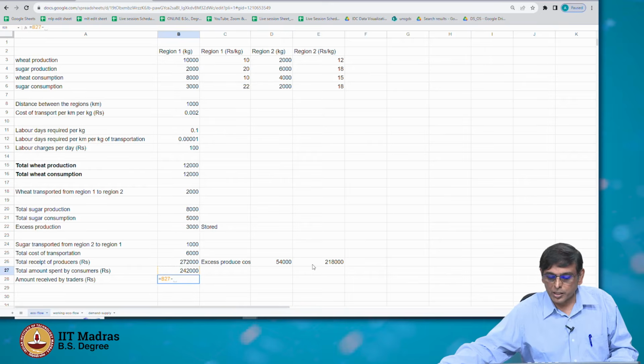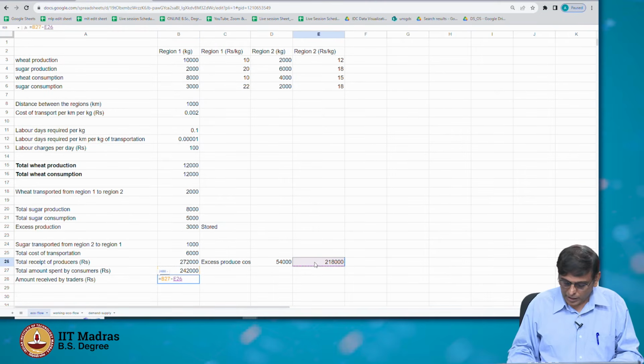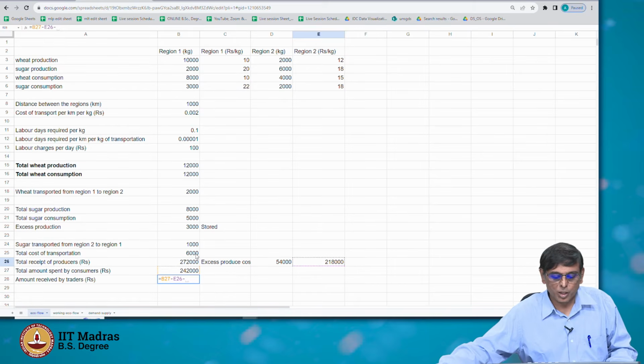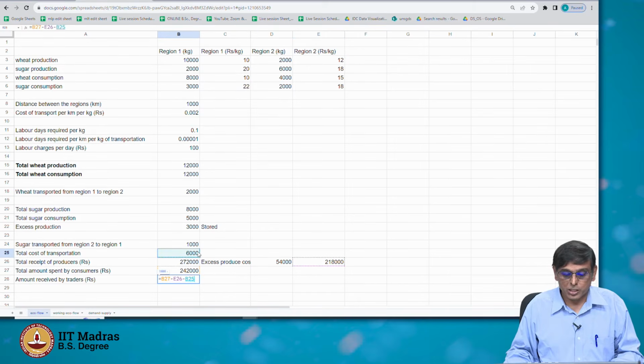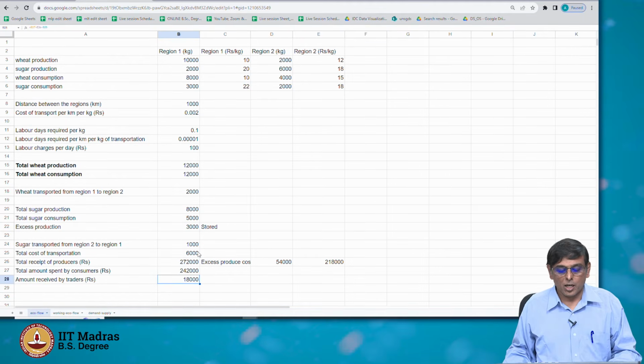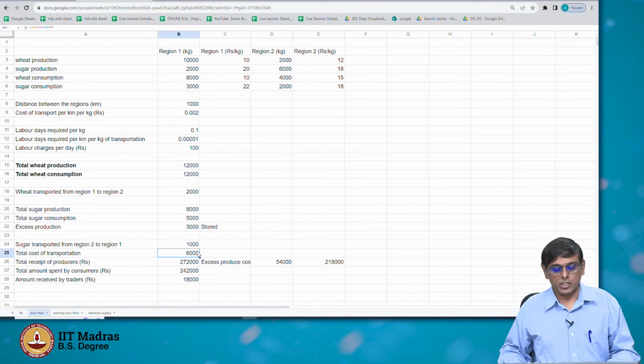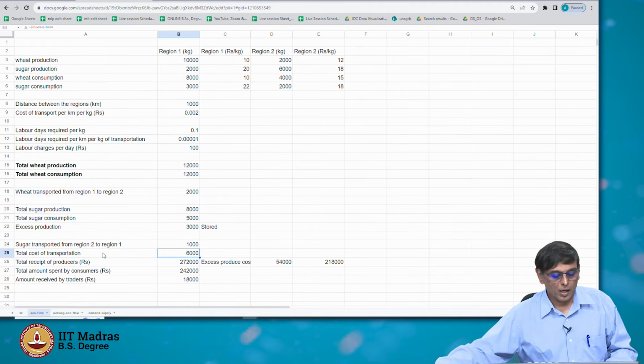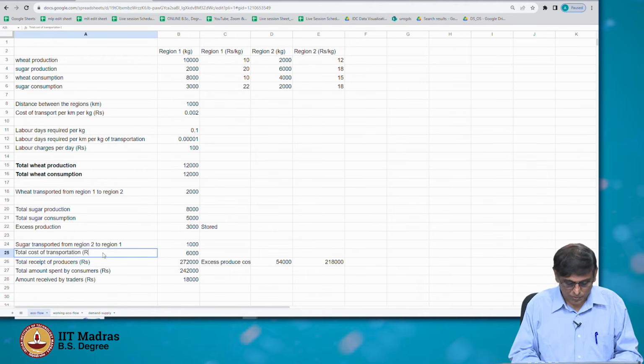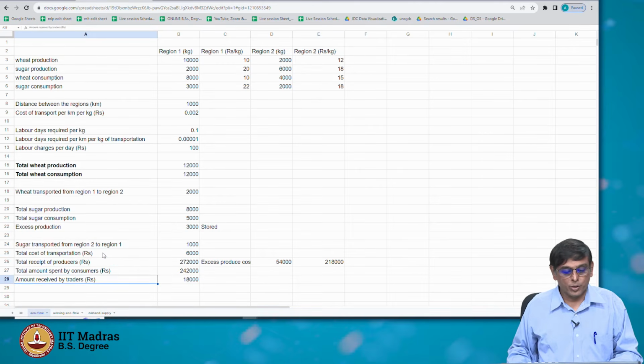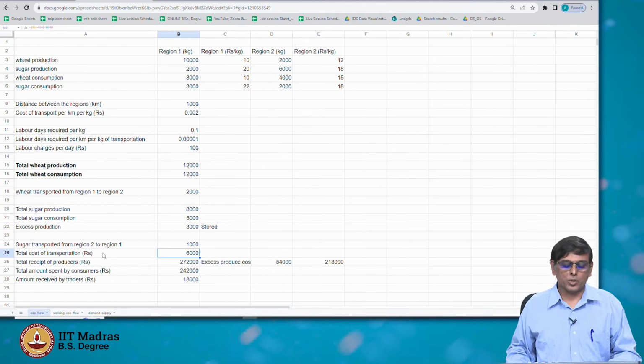The amount that was actually not kept in storage, the amount that was sold is 2,18,000, minus 6,000 of this consumers' amount that went in transportation. So, this is a surplus. So, the traders got 18,000 rupees, right. The traders got 18,000 rupees, transportation guys got 6,000 rupees, right. Trading companies got 18,000 rupees.